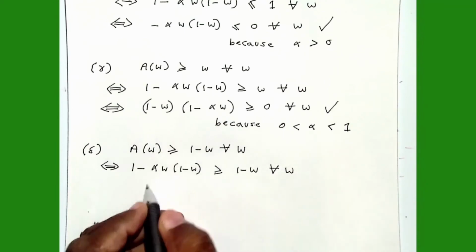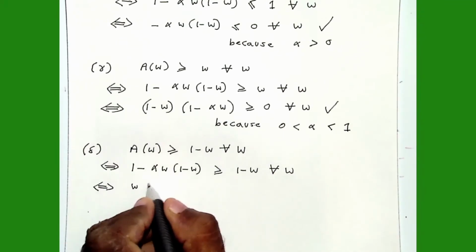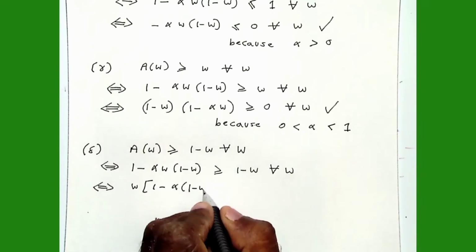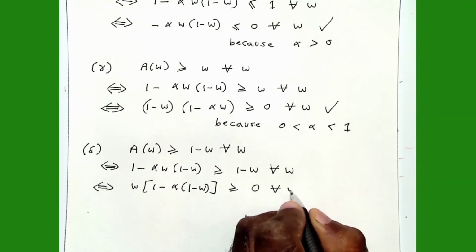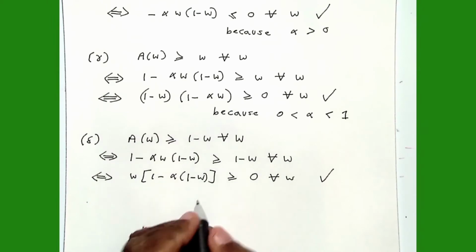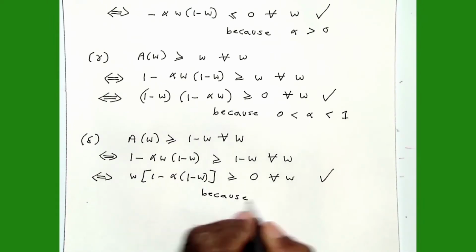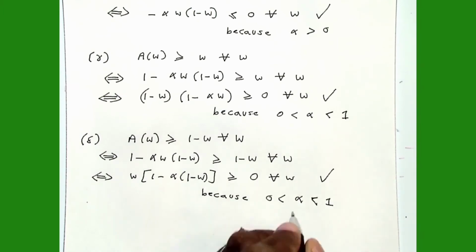Okay, now simplifying this is what you will get. And this is once again true because we must assume that alpha is once again between 0 and 1.